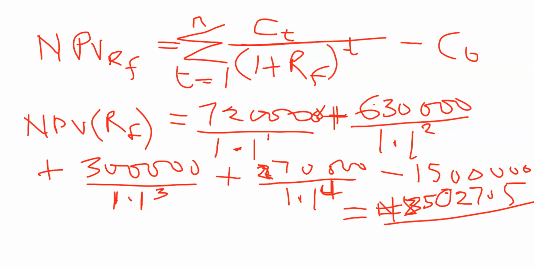That means you have subtracted the 1.5 million. Yes, sir. Good. So that means the risk-free is positive. Now, we want to find out whether this project is riskier or not, and that is by trying the next one, which is the risk-adjusted. So with the risk-free, the project is good, we can accept it. But that is not what we're looking for.